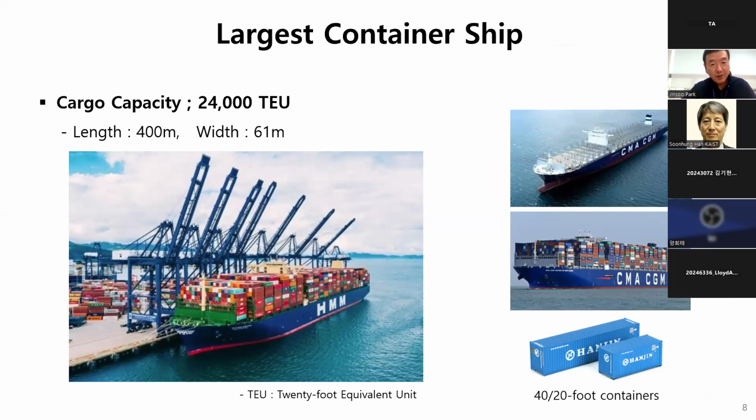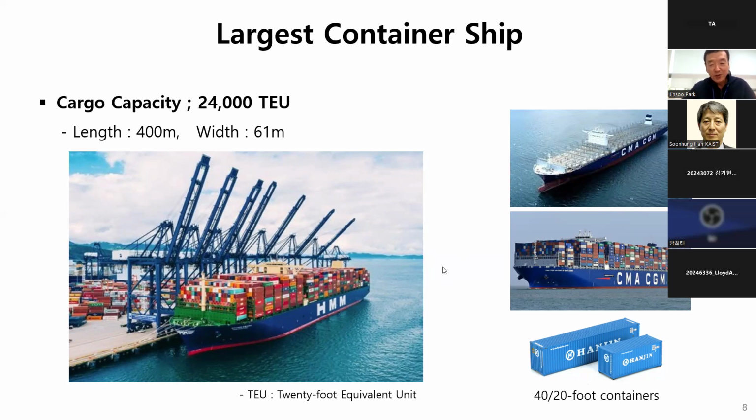It would be interesting to think about how big is the largest container ship. The ship length of the biggest container ship is 400 meters, and it's about 60 meters wide.